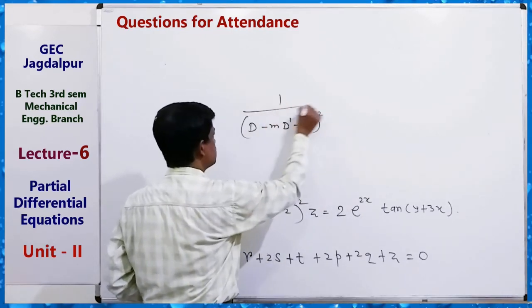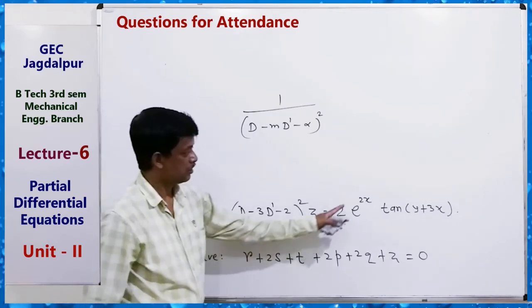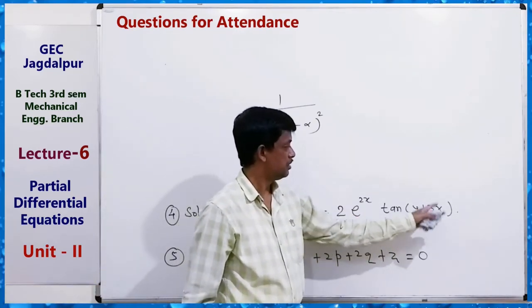Now for PI, square, 1 by this factor is this, e to the power 2x, 10y plus 3x.